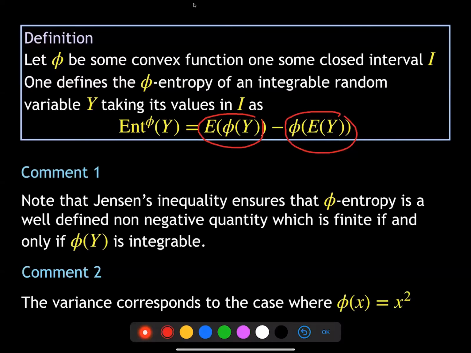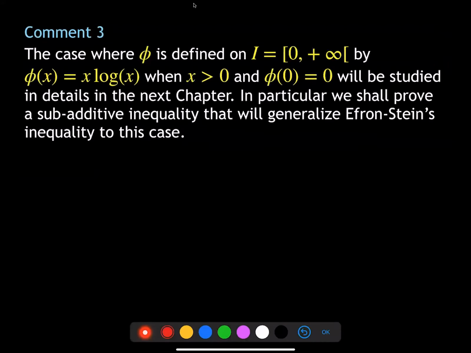And the second thing, of course, is that the variance is indeed a phi entropy when you consider the case where phi of x is equal to x squared and the interval I is equal to R. And the last comment is that the other interesting example that we shall use during the second half of the lecture is the example where the function phi is equal to x log x if x is non-negative and defined as 0 at the point 0.